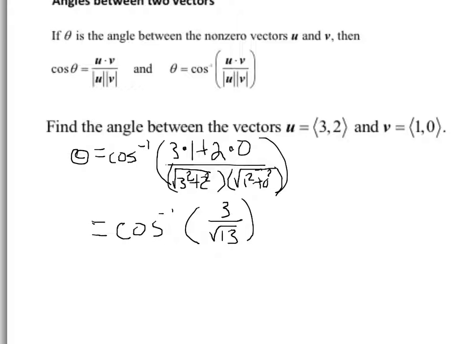So you end up getting theta equals the inverse cosine of 3 divided by the square root of 13. So theta is 33.69 degrees. Okay?